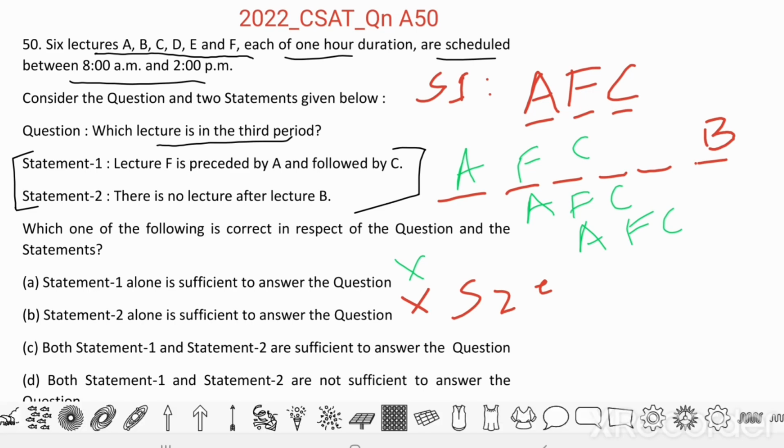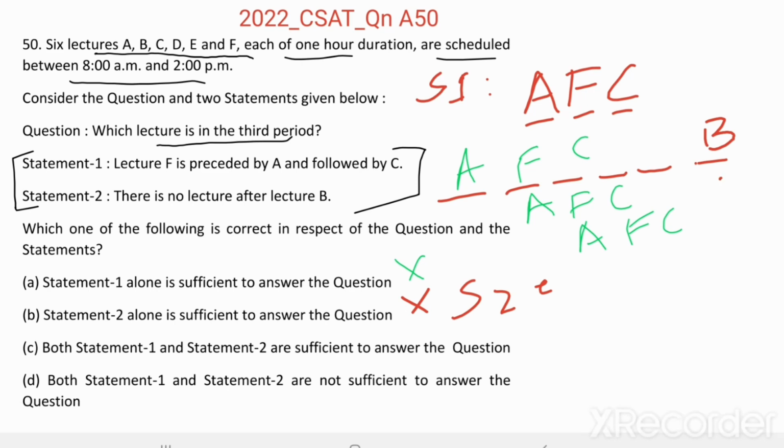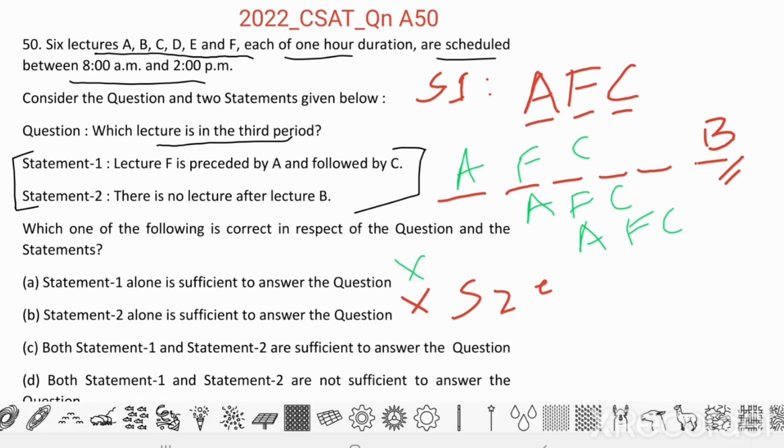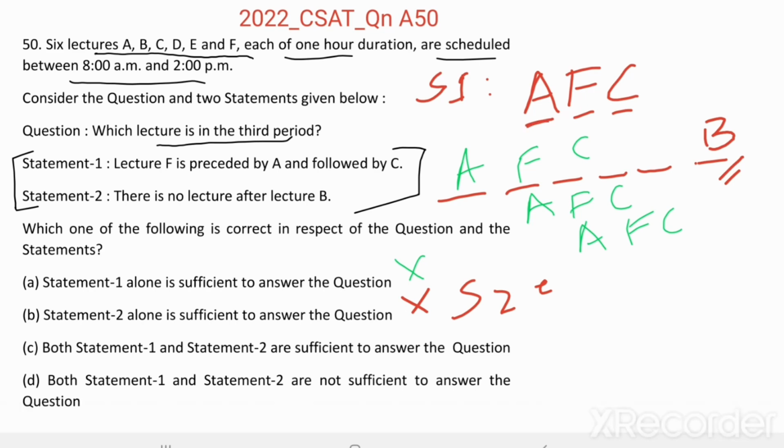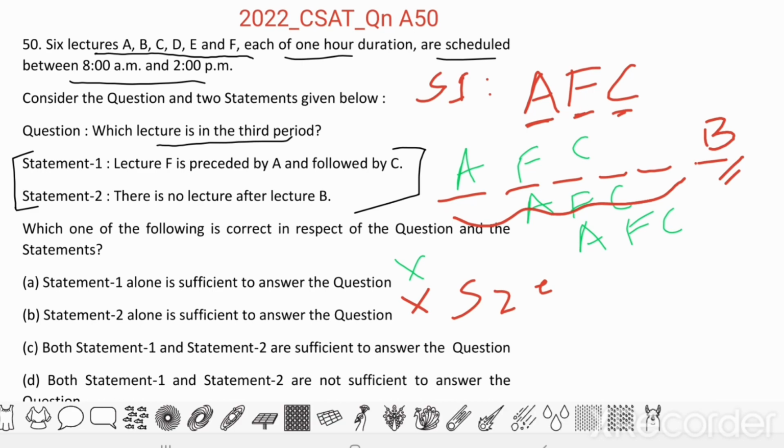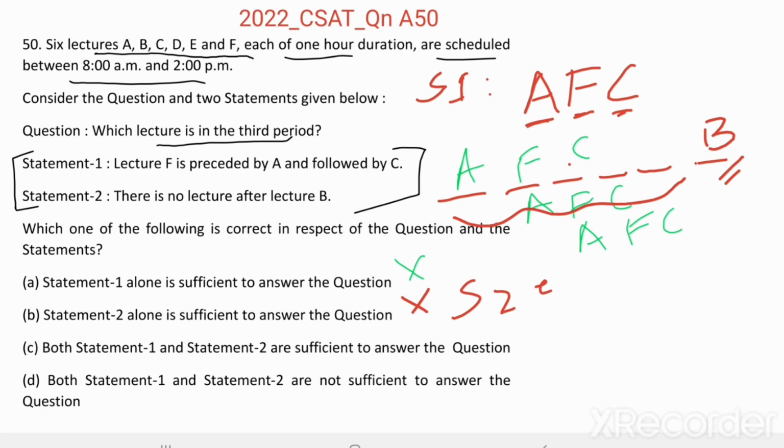Now, based on both the statements, based on the second statement, the last lecture is B. Then based on the first statement, you can keep A, F, C anywhere in the remaining 5 periods. We have already seen it can be either C on the third period, or F on the third period, or A on the third period.